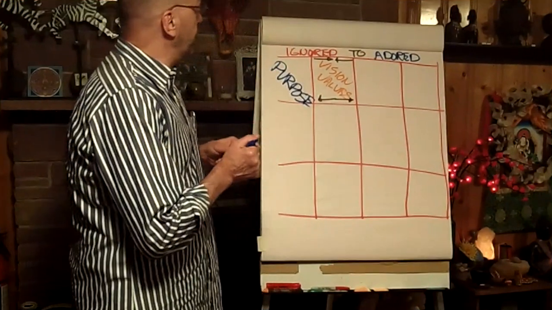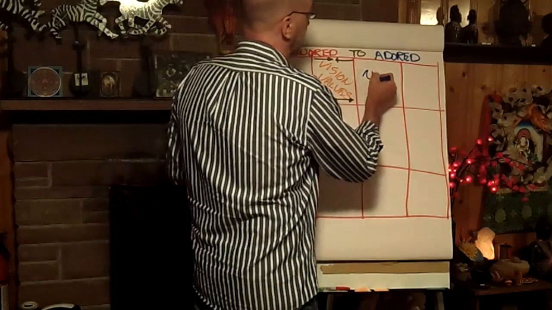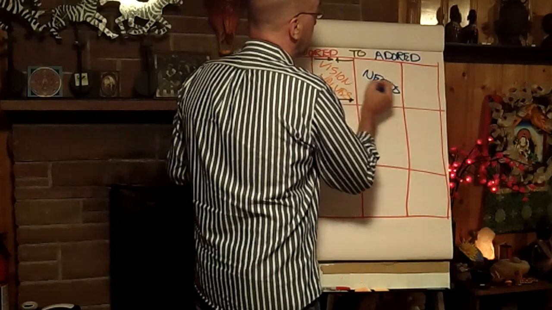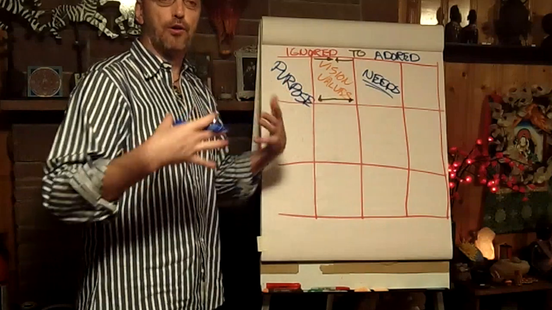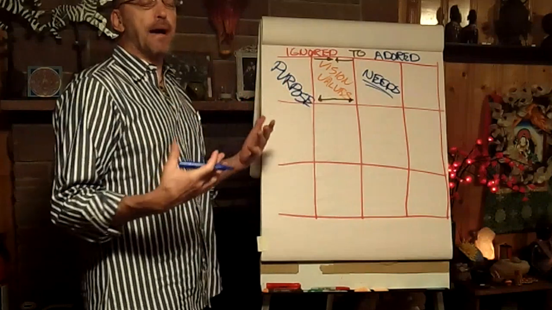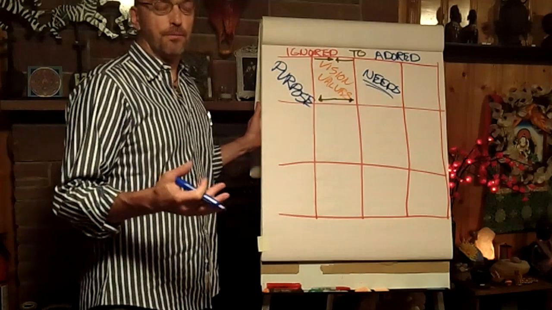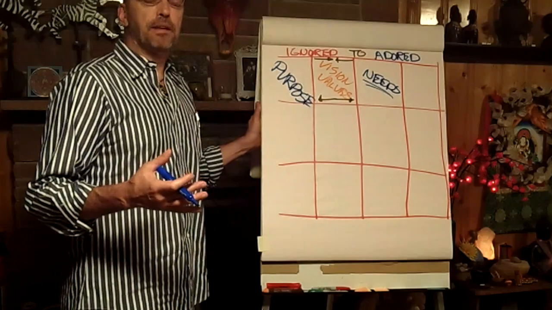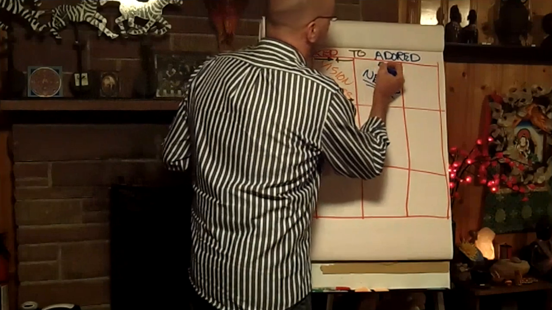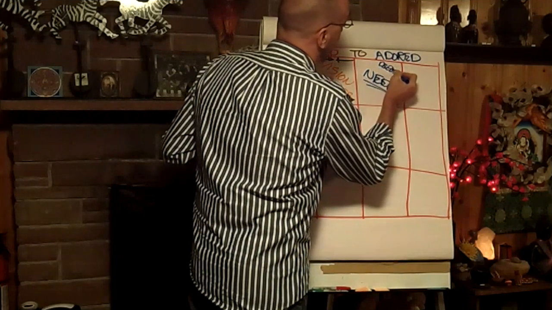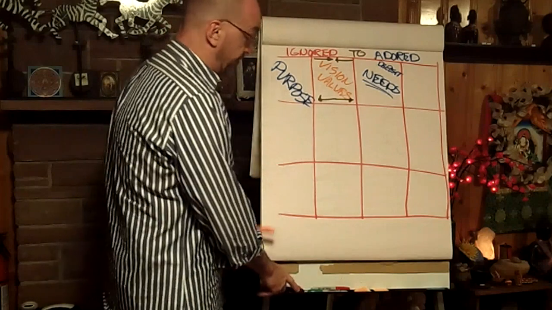The next one, after your purpose, your vision, and your values, is your needs. There are many different definitions, but we all have needs, and certain needs need to get met, and we'll go through them in detail. Tony Robbins, a mentor of mine, simplified them to 6 needs, and I studied with Marshall Rosenberg, and there are lots of different needs. But the basic idea is that if your needs are getting met, it's like making a deposit in the bank account on a daily basis, and you want to have a big bank account.